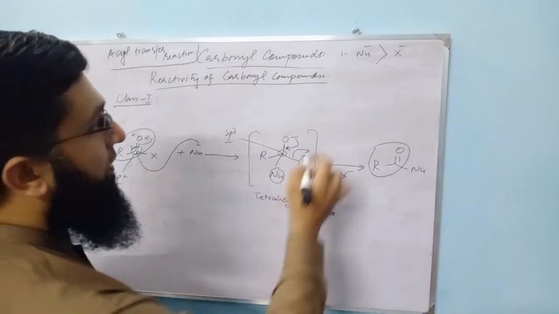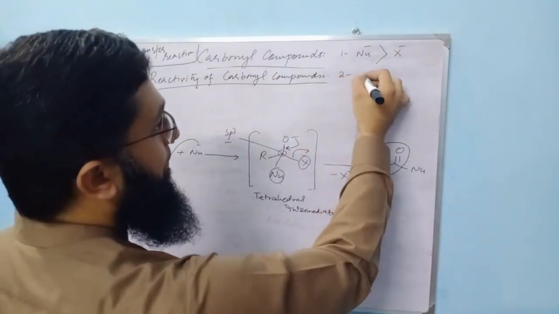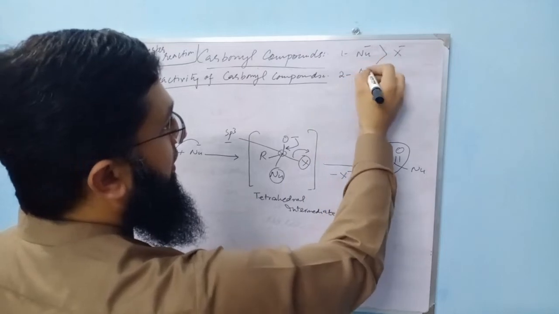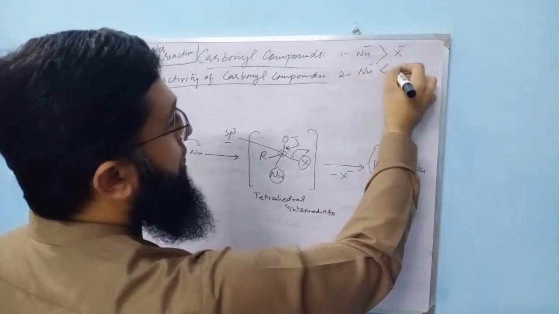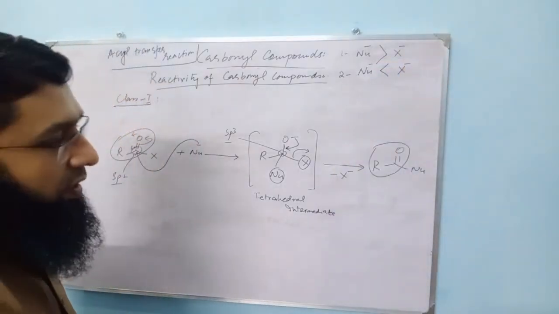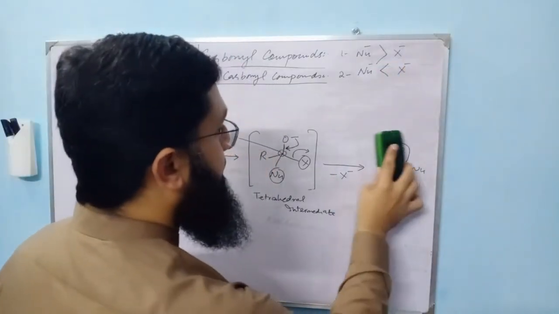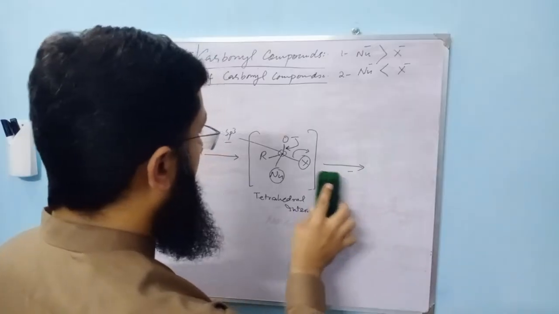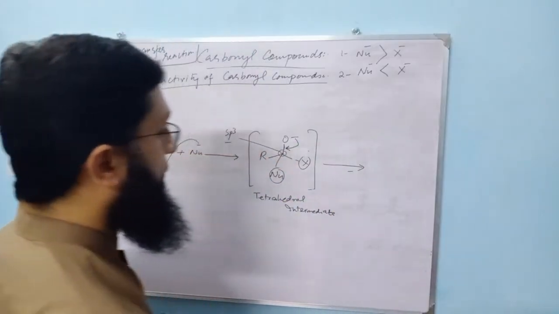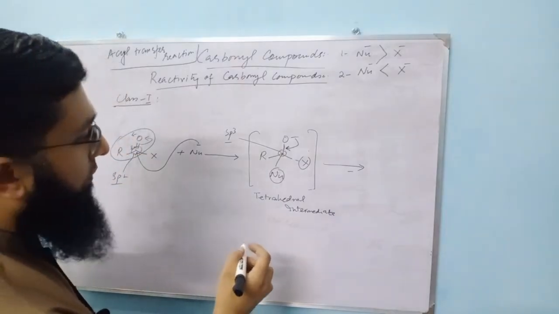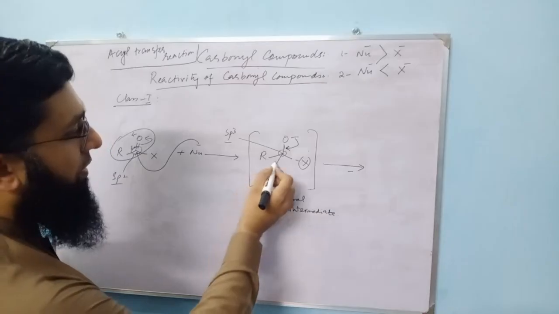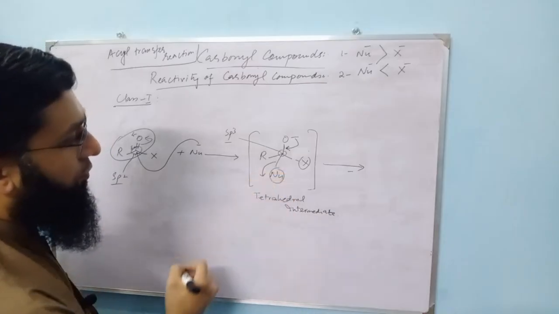If we have the other situation, if the existing group is more basic than the incoming nucleophile, in that case also the good leaving group, or poor base, the weaker base, would be removed.